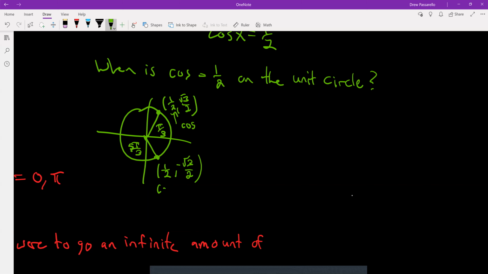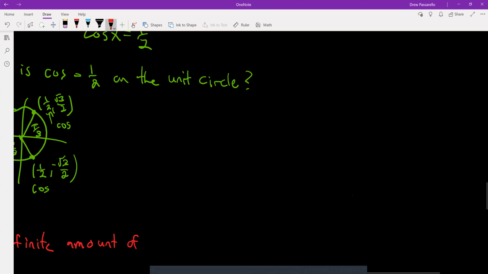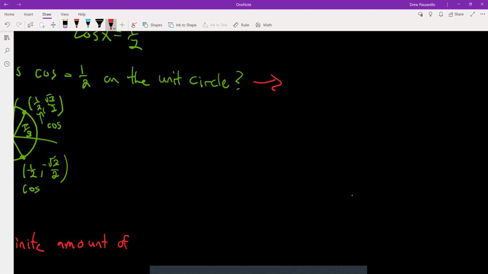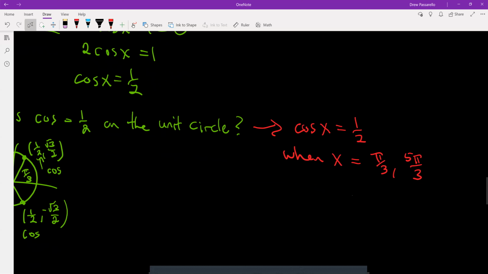And again, cosine is the x coordinate of that. So cosine of x equals 1/2 when x is pi over 3 and 5 pi over 3 if we had x between 0 and 2 pi. That's the specific solution.